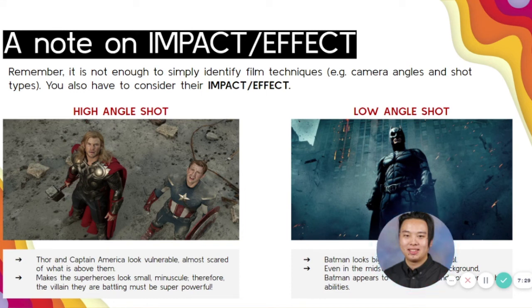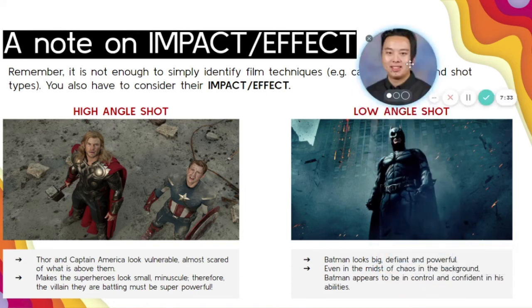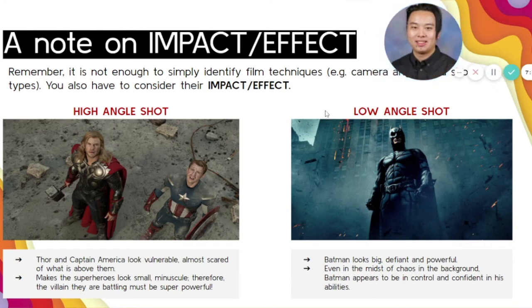So if you look at these two examples, I have taken little stills or screenshots from two superhero movies. So look at that high angle shot of Thor and Captain America from the Avengers movie. We know that that's a high angle shot, there's no doubt about it. But if you just wrote in your scene analysis essay, oh, in this scene there's a high angle shot, it's filmed from above the characters, thanks.